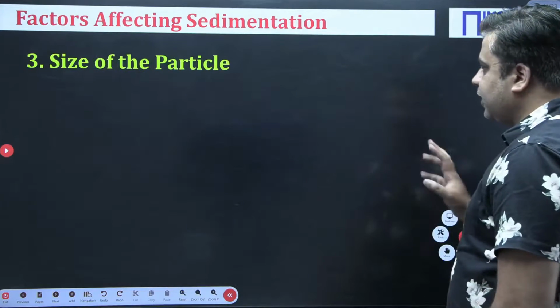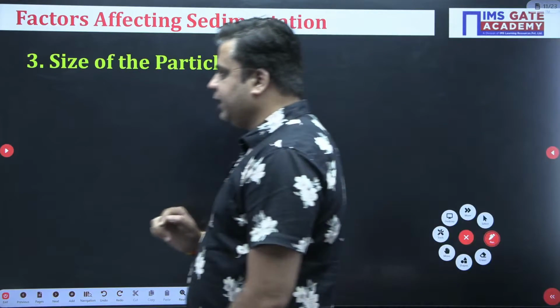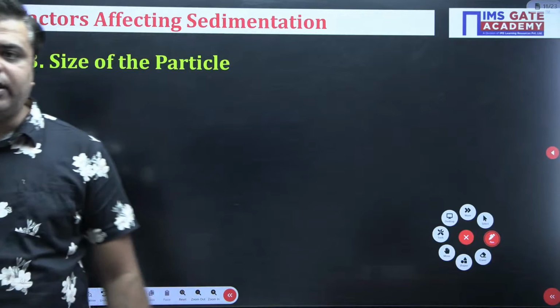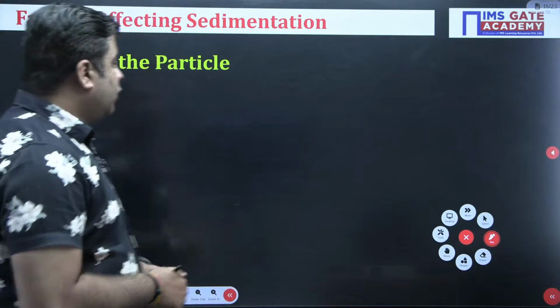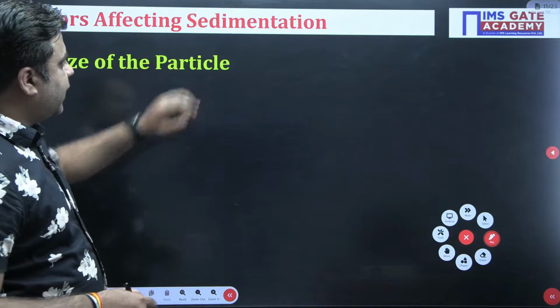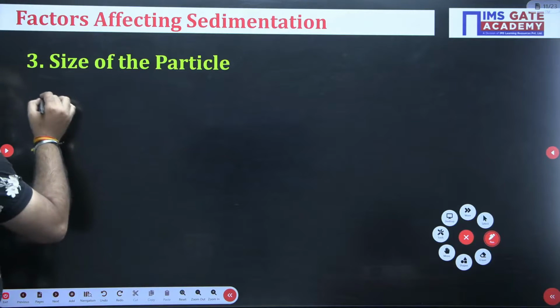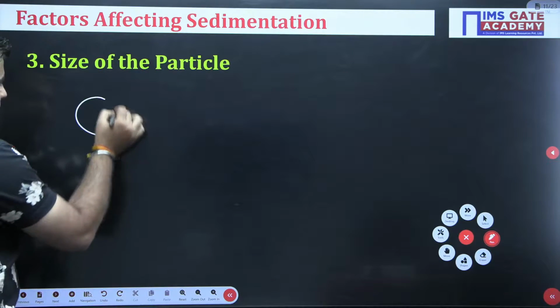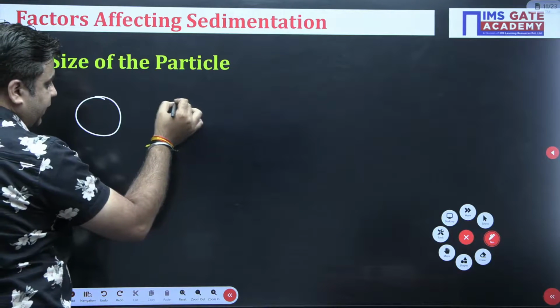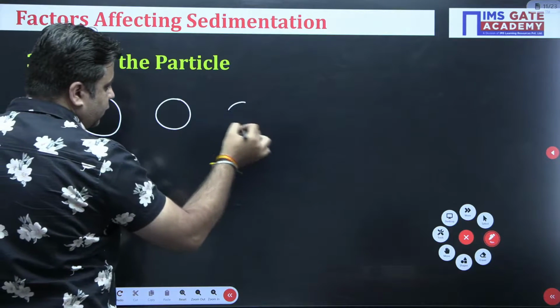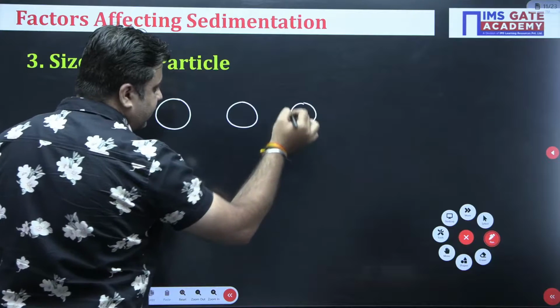The third factor that affects the settling of the particle is the size of the particle. Now, my dear student, for comparing this factor, you are comparing particles of different sizes which are made up of the same material.